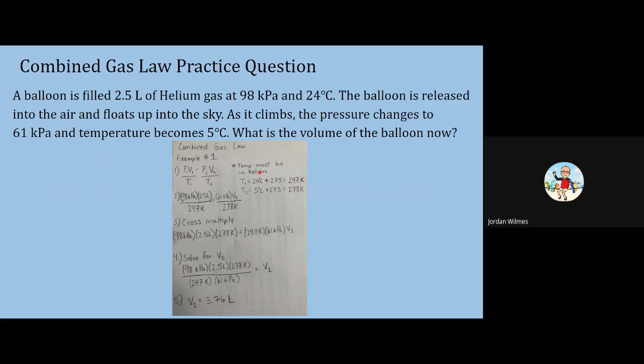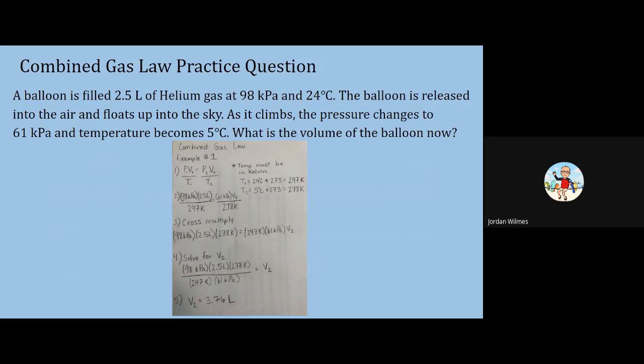Remember, when we're talking about gas laws, we're really focusing on particle motion. And so we are going to use the temperature scale that stops at 0. That's Kelvin. The conversion factor from Celsius to Kelvin is very simple. You just take the degrees Celsius, which is 24, add 273, and then you end up with your Kelvin temperature.